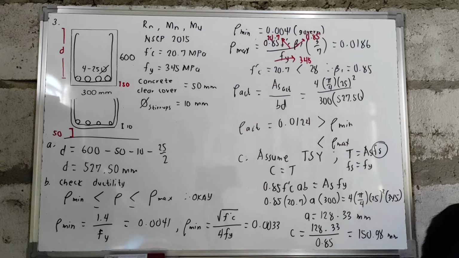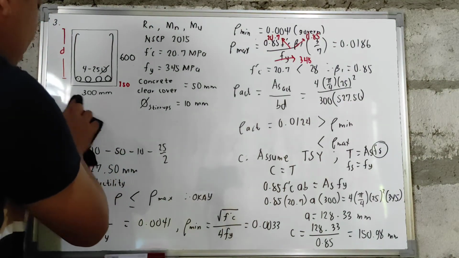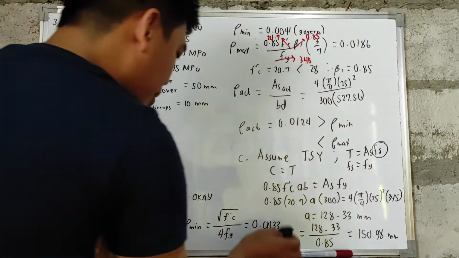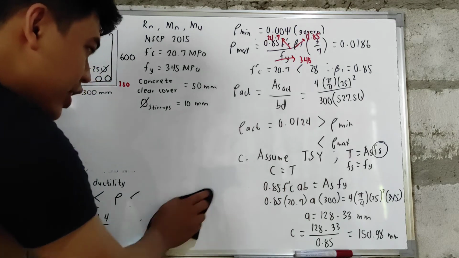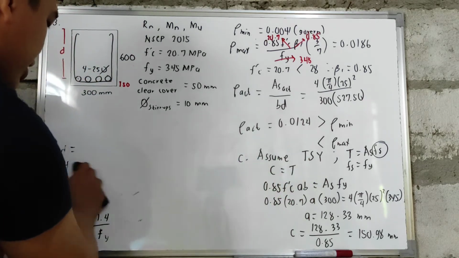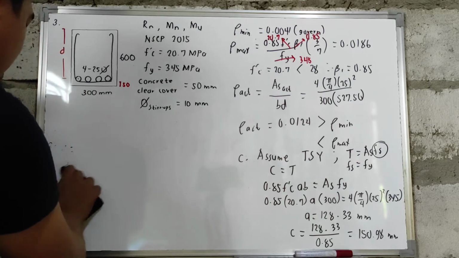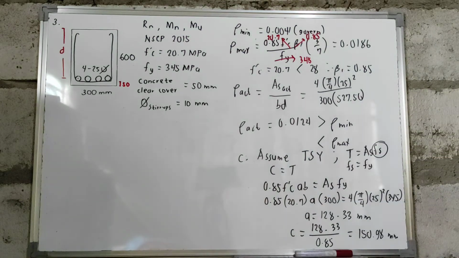mm. Sir, bakit po natin kinuha yung value ni c? So, if you have the value of your c, malalaman natin kung tama ba yung assumption natin or hindi. So, di ba dito, we assume na tension steel will yield. So, after assuming and nakuha natin yung mga values natin, we are going to check if the steel really yields.